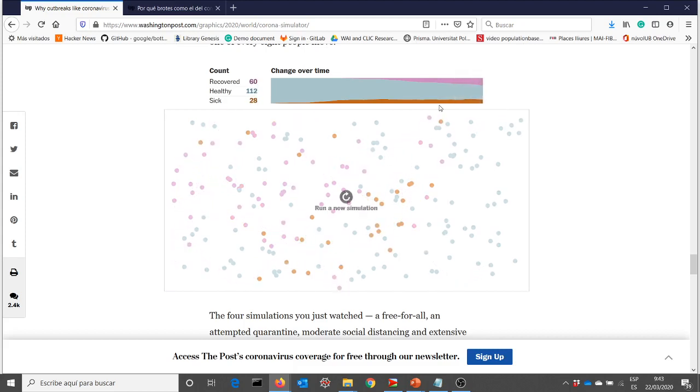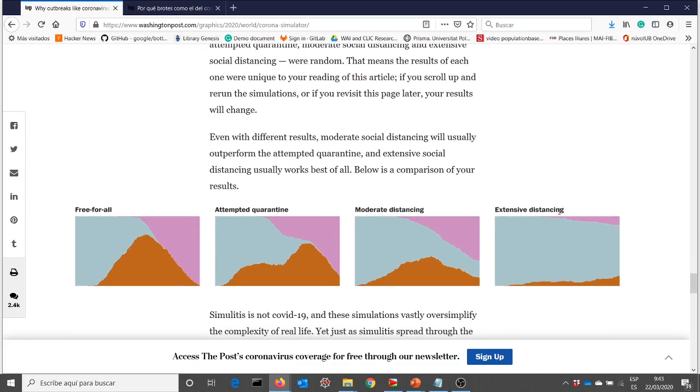Of course, the illness is distributed, but we can see the effects. So at the end, he compares how important it is to have this restriction of movement, because it really makes a difference in the curves.